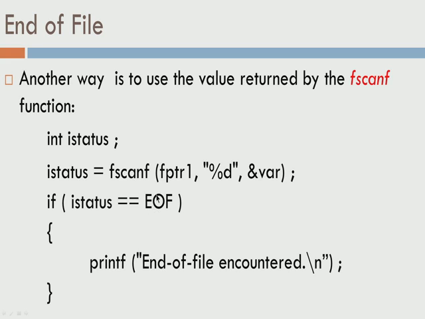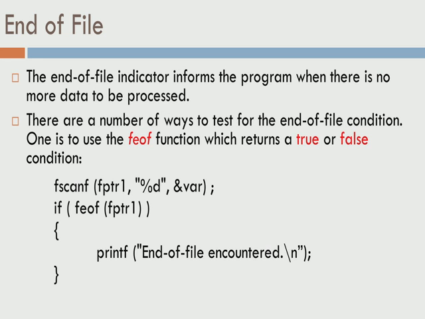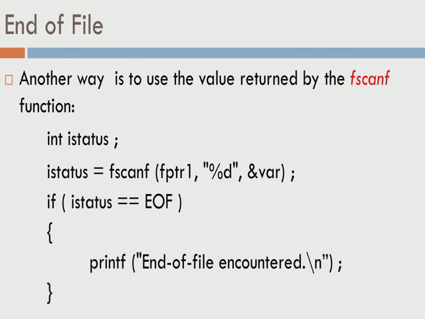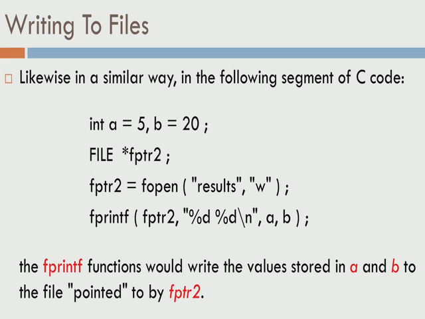So if fscanf returns EOF, you know that you have reached the end of the file. So either you call feof(fptr1), or you copy the return value from fscanf and check it against EOF, and it will tell you that the end of file has been encountered. So that's one of the things that you can do in the second step.